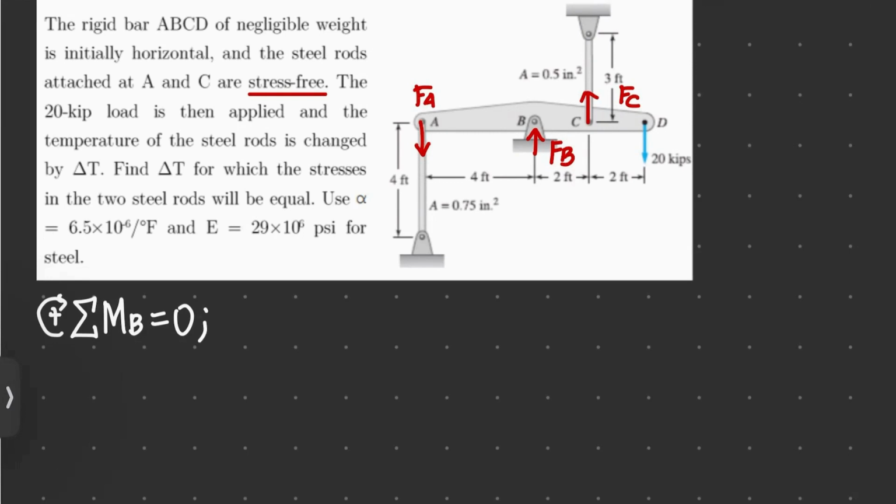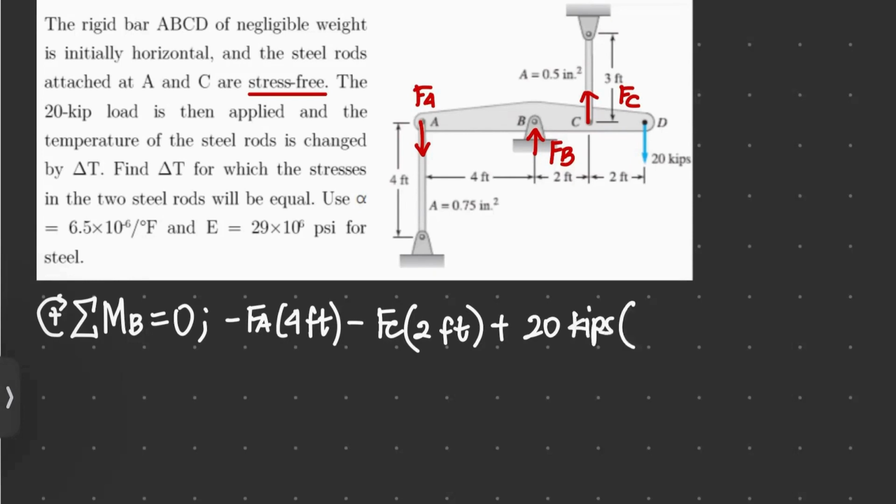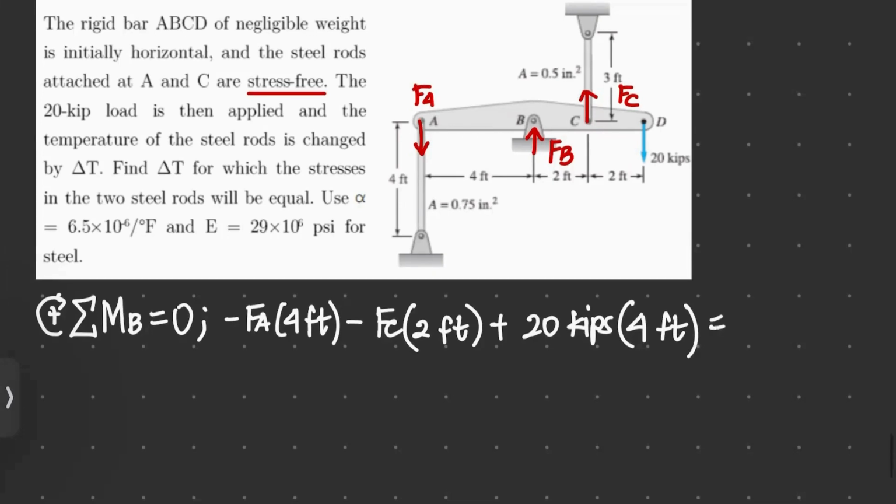So we have negative FA times 4 feet, minus FC times 2 feet, plus 20 kips times 2 plus 2, which is 4 feet, equals 0.